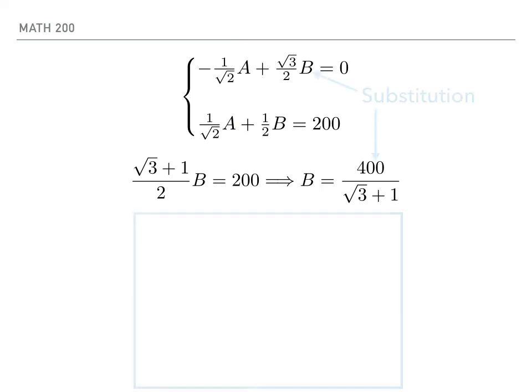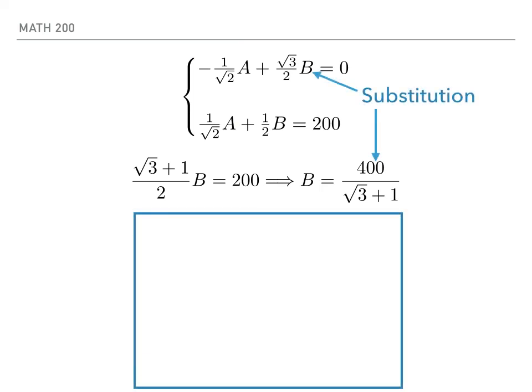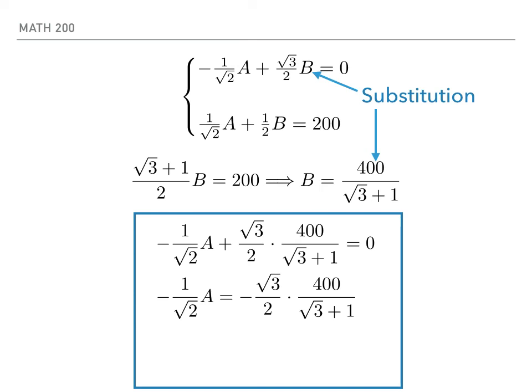If I now substitute, so take 400 over root 3 plus 1, put it in there for B, this is what the first equation turns into. It's messy and cumbersome, but it's just some algebra 2 stuff, you're just plugging things in and simplifying as much as you can. So I subtract to the other side, and I multiply by negative root 2, and I end up with that.